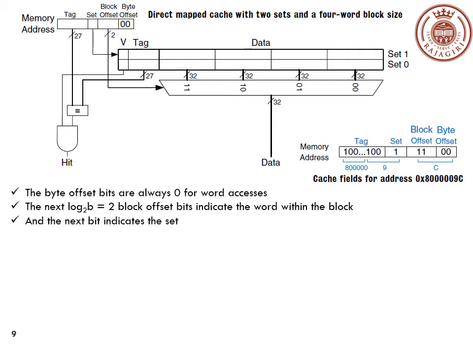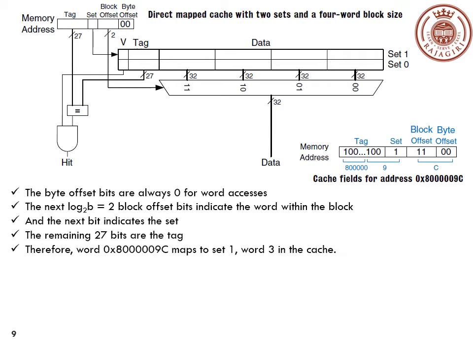Now we'll see an example. The cache address is given as 8000009C. If you write it in binary, the byte offset is 00, the block offset is 11, and the set value is 1, and the remaining 27 bits are the tag.